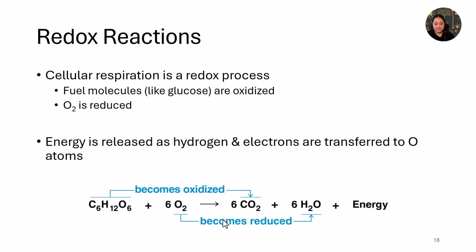I say all this not just to give you some random new chemistry thing, right? This is part of biology because cellular respiration is a redox process. In the big picture, it's not just one reaction, but the fuel molecules that you eat, like glucose, are oxidized. And the oxygen that you breathe in, sorry, gets reduced.